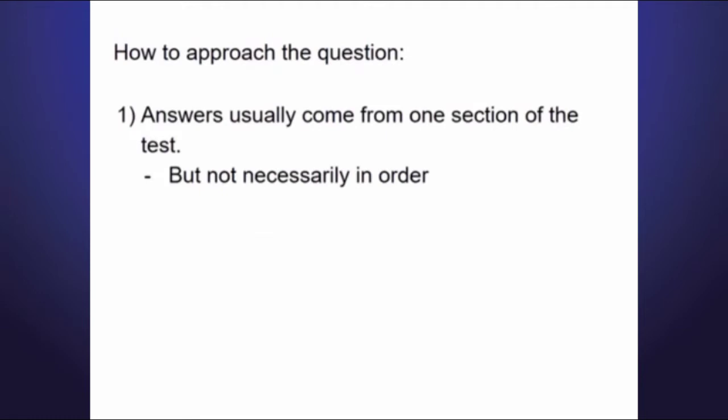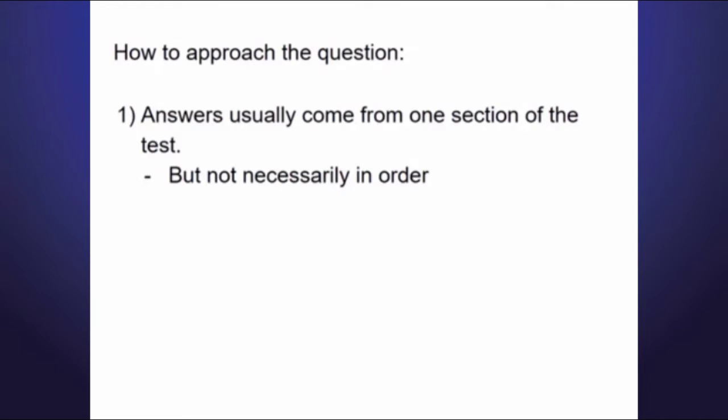Well, just keep in mind that answers usually come from one section of the text. Okay, that doesn't mean necessarily only one paragraph. It could be more, 2 or 3, but at least it's not taken from the entire text. Usually, you won't have to search from the beginning to the end of the text to find the answers to fill in the table.